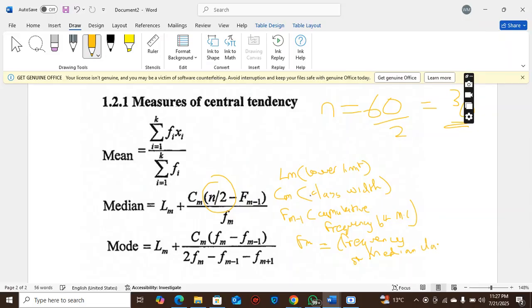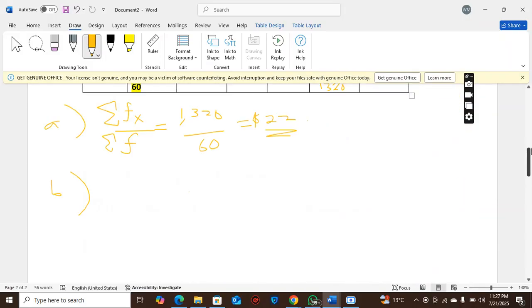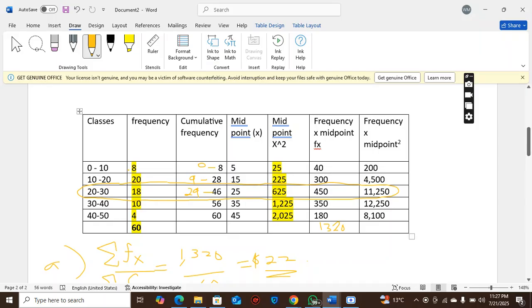So we get these values now. We start with LM, the lower limit of the median class. You come to our median class. This number here, this 20, is our lower limit.